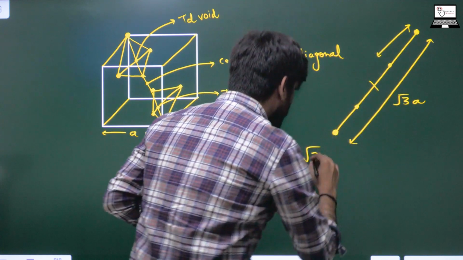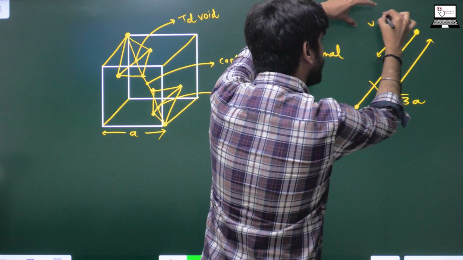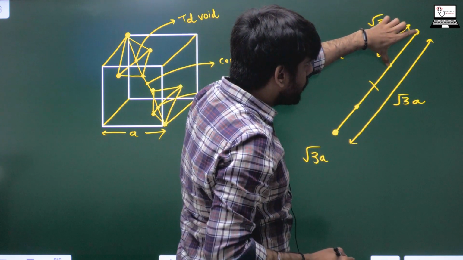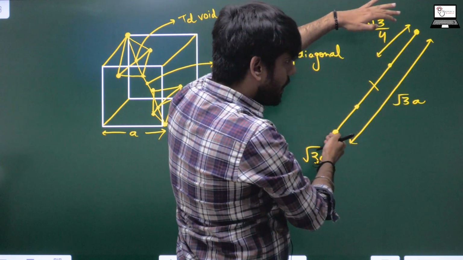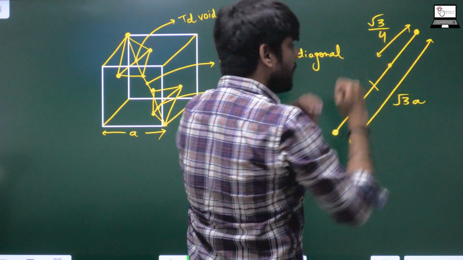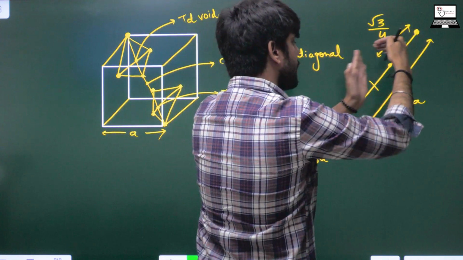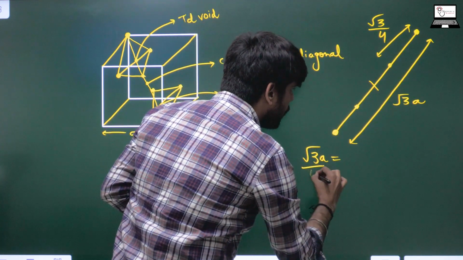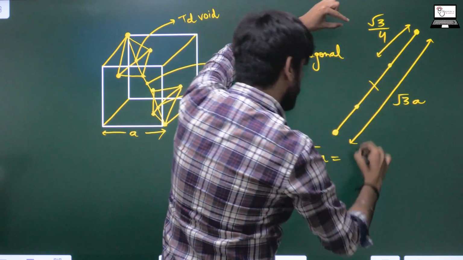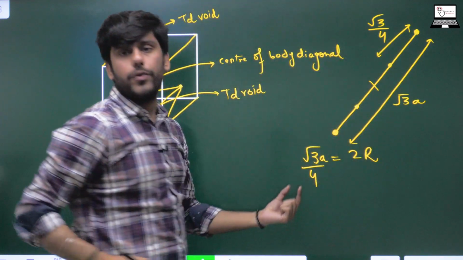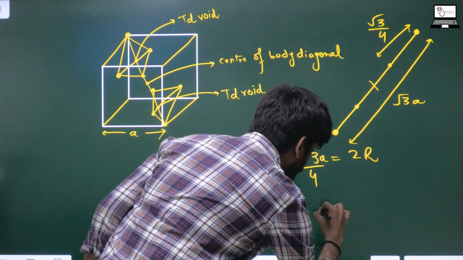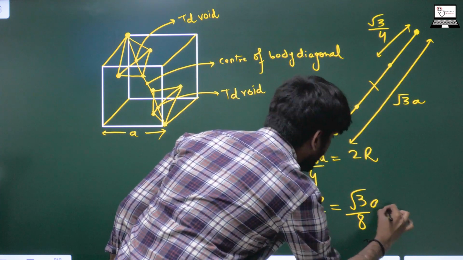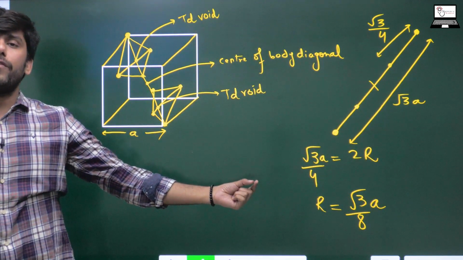This distance is 2r, and this is root 3a by 4, because the total is root 3a and I have divided it into 4 parts. So root 3a by 4 is equal to 2r. Now, if you want to find r, r is equal to root 3a by 8. This is the relation between a and r.